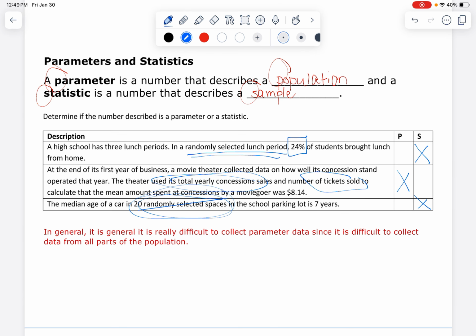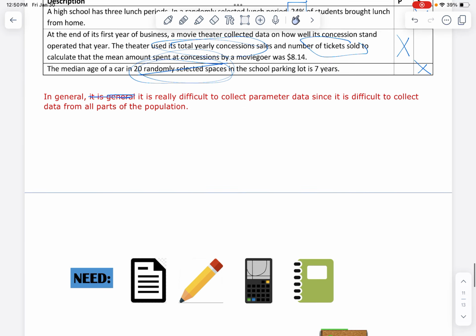In general, it is really difficult to collect parameter data since it is difficult to collect data from all parts of the population. So oftentimes when you see data, it's probably a statistic from a sample, right? Which I guess is a little bit redundant, but you understand.